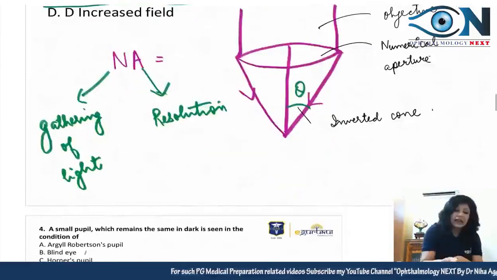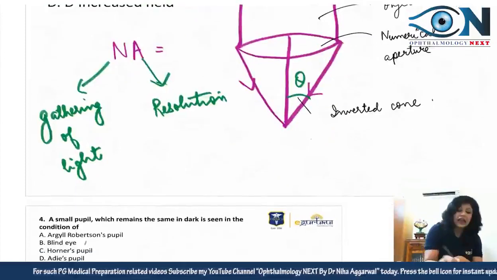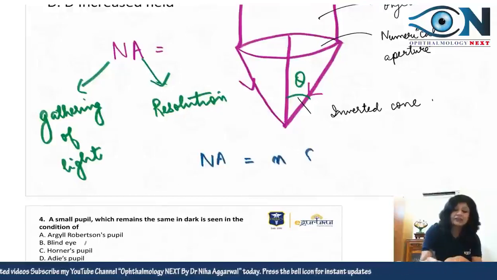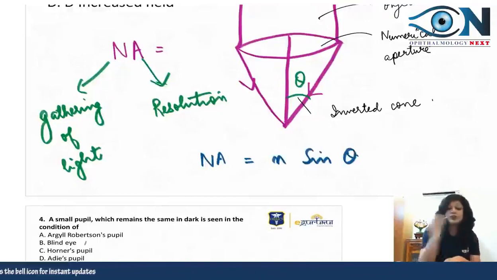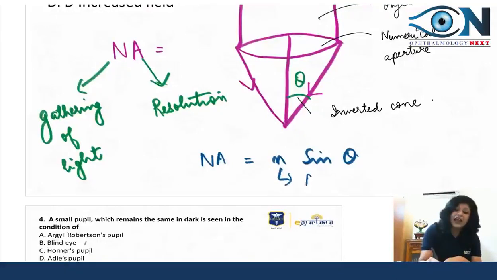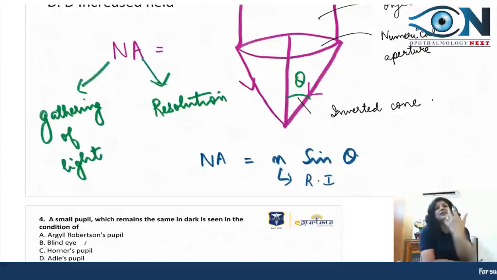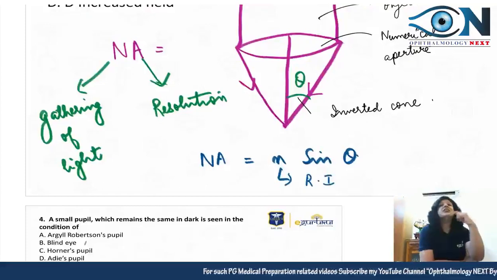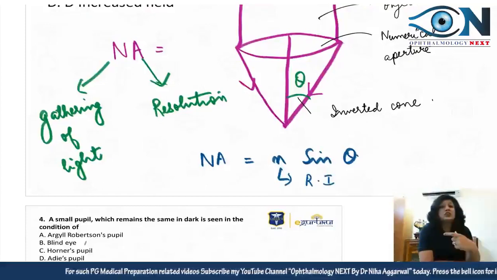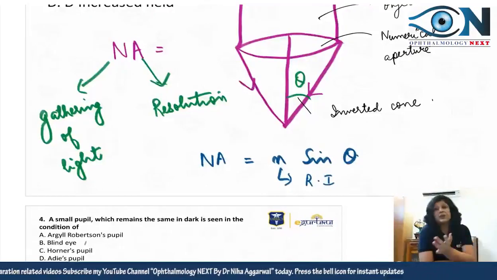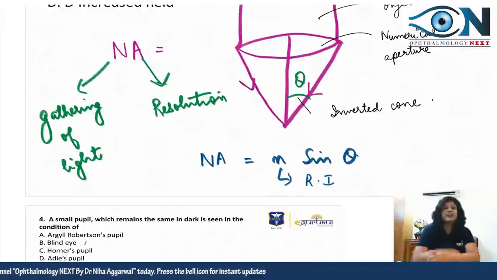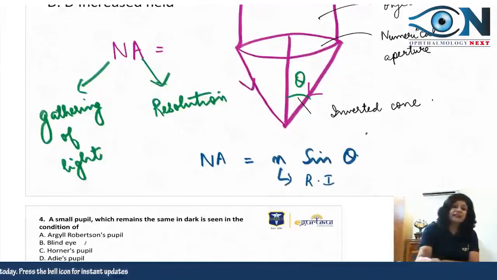Another important thing is that this numerical aperture is n sine theta. You should know this. What is this n? N is actually the refractive index. Sometimes they also say that it is an index of refraction. I think it's one and the same thing. Refraction is measured by this index. And this angle theta is this one.